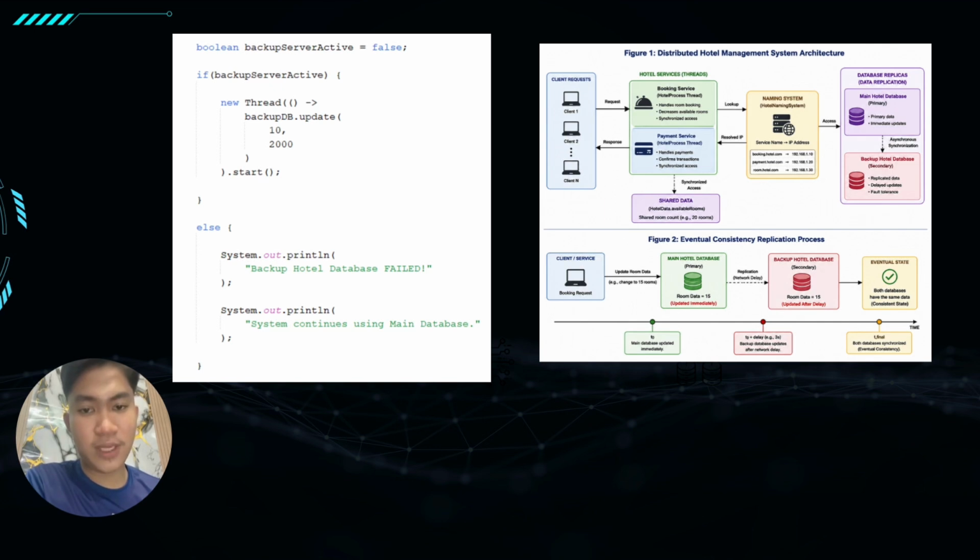If the backup server fails, the system uses a Boolean variable to detect it and stop sending updates, and the backup hotel database is marked as failed. However, the system does not crash and continues using the main database, proving that it has strong fault tolerance and high availability.